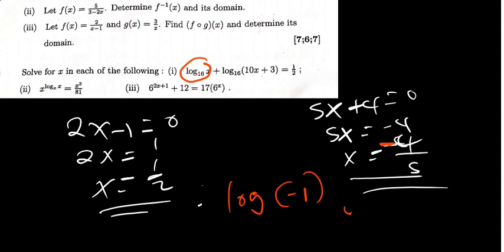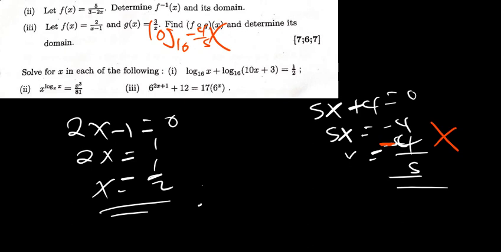So for example, if I put there log base 16 and x is negative 4 over 5, this is undefined. So this is not the answer. The only solution for this equation is x is equal to 1 over 2. That's all.